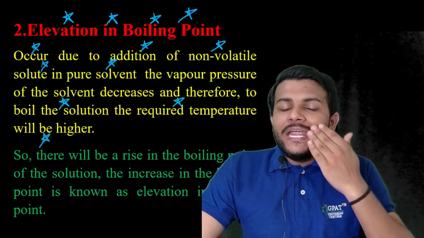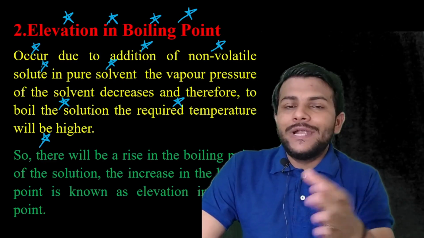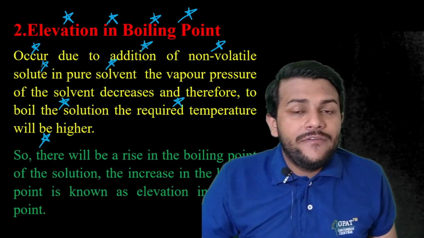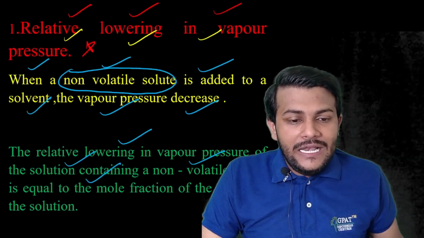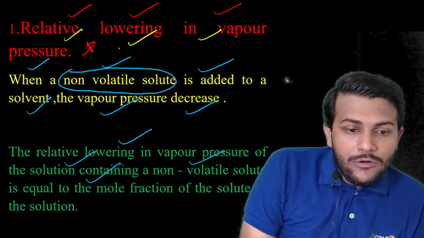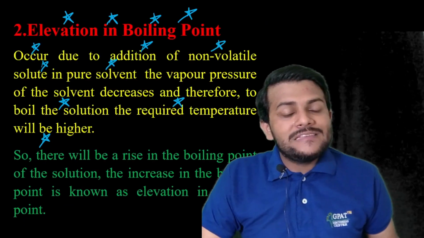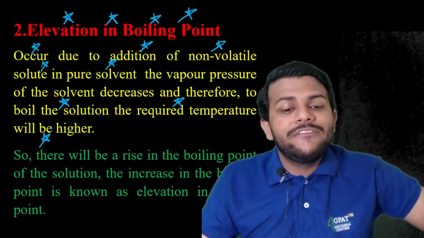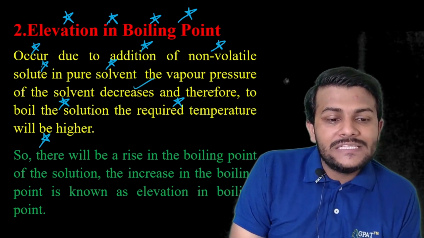It is the same case that we took for the relative lowering in vapor pressure. Here we have also added the non-volatile solute. If the non-volatile solute is added, then elevation in boiling point is noticed, since the vapor pressure of the solvent gets decreased.